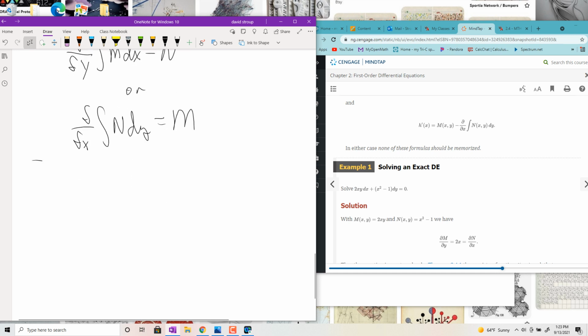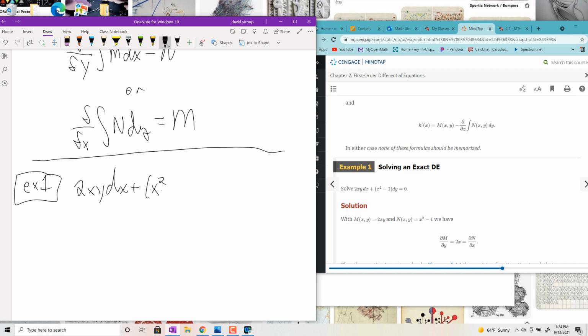Okay, so let's take a look at example 1. We have 2xy dx plus x squared minus 1 dy equals 0. You still have to check it before you do anything else, because not all of these are going to be exact, and you'll see that in your homework.